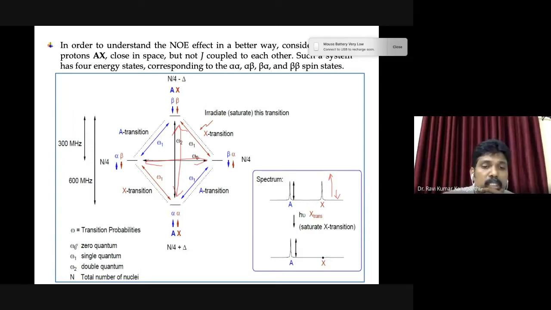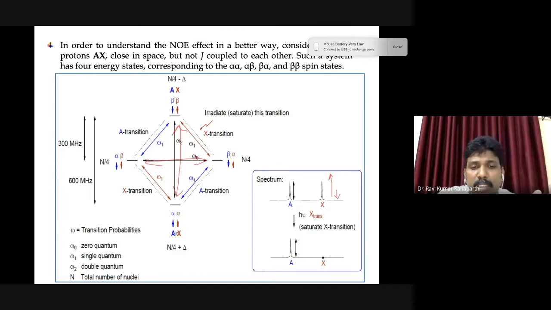shown here, that omega 0 is the zero quantum probability. What is omega 0? Omega 0 is nothing but the zero quantum transition. So this is the transition alpha beta to beta alpha, or beta alpha to alpha beta. So what is this alpha and what is beta?